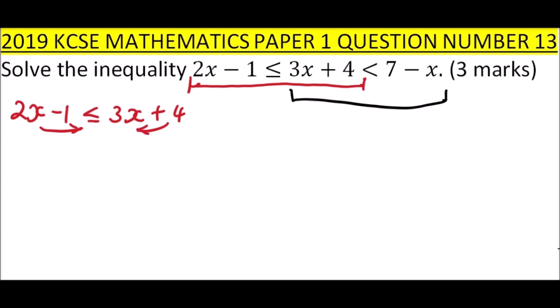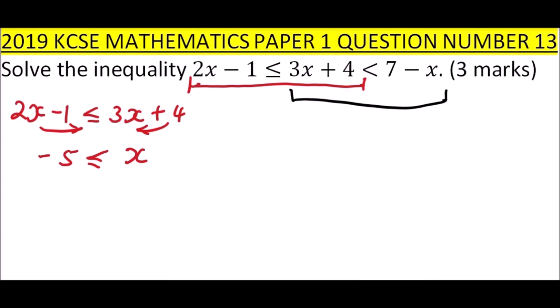So this will be minus 3x minus 2 will be x. We say this is our x greater or equal to, when 4 goes to the other side it becomes negative, so this becomes negative 5. So that is what we get on that side.